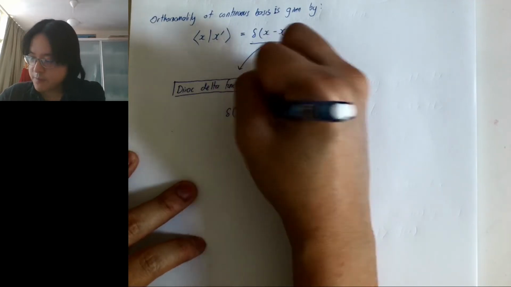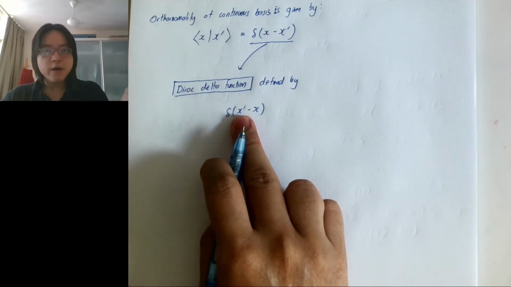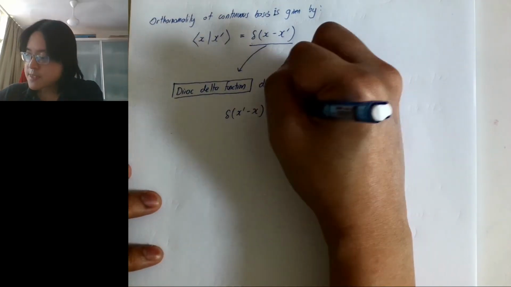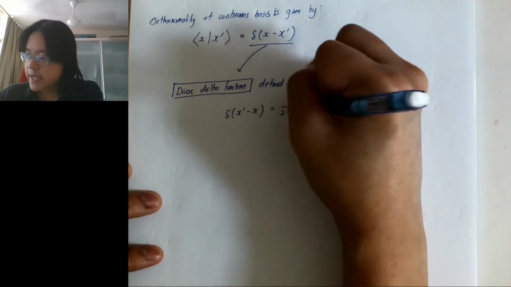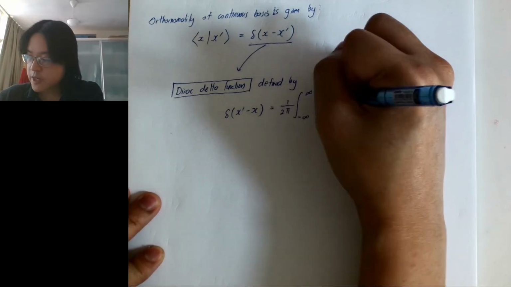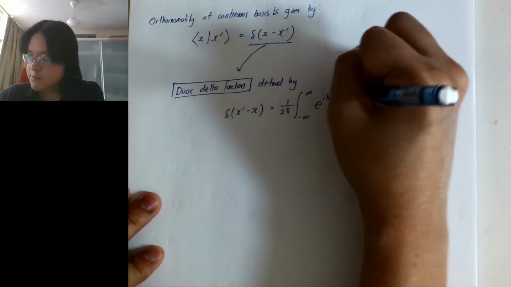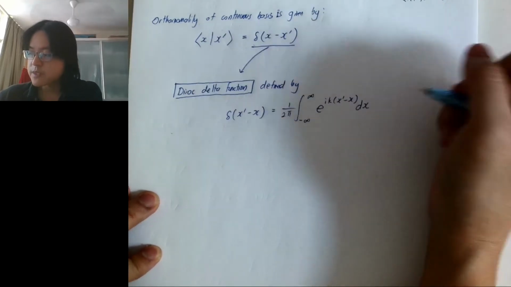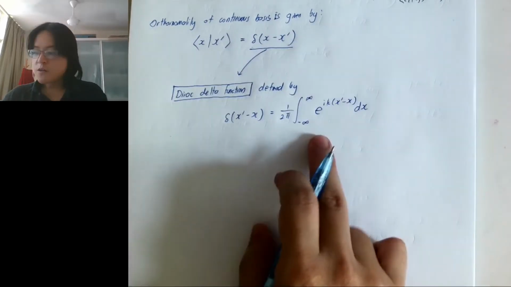Delta of x prime minus x. It depends on what the value of x is and what the value of x prime is. To start with something familiar, you can say that it is equal to the integral of the exponential of i k (x prime minus x), integrated with respect to dk.